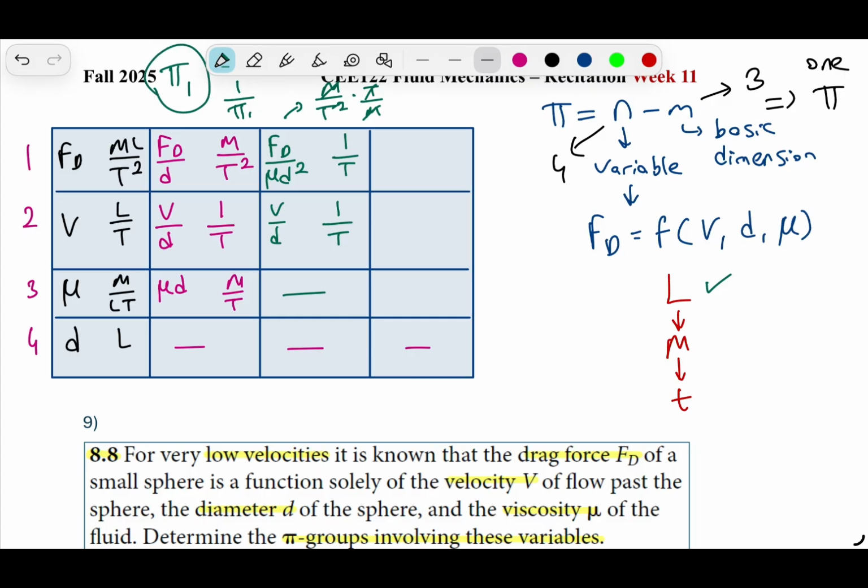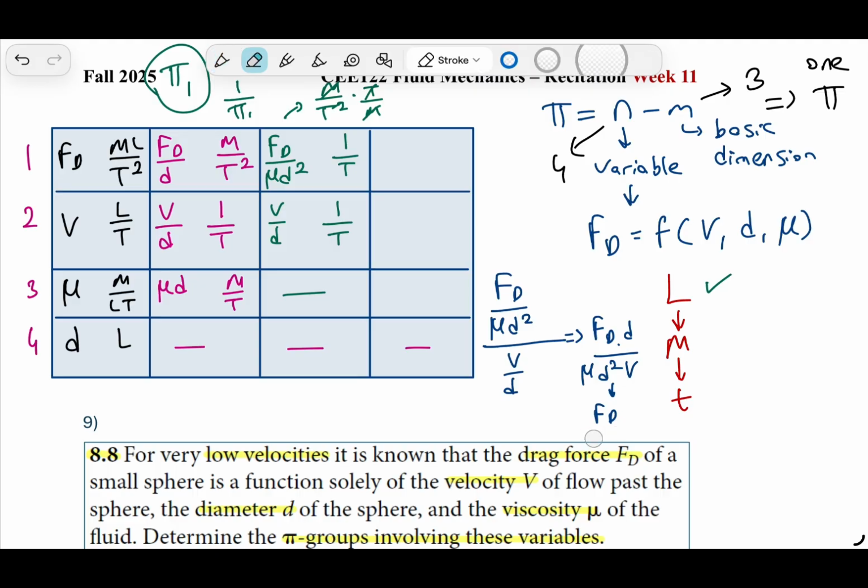So here we are dividing ft over t square by v over d. And this is going to give ft over d, which gives ft over viscosity d cubed.